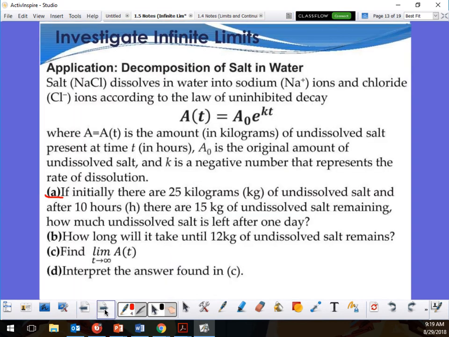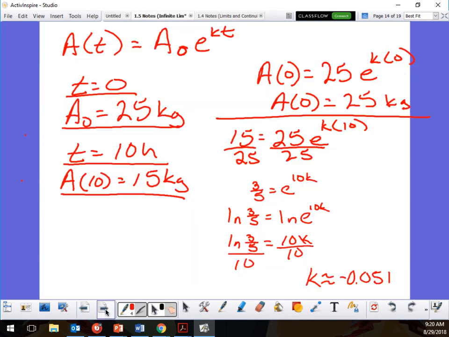So, part B says, how long will it take until 12 kilograms of undissolved salt remains. Okay, so now, what information is it giving me this time? It gives me the A of t, right? And then what am I supposed to be solving for? The t. Very good. So now I have 12.